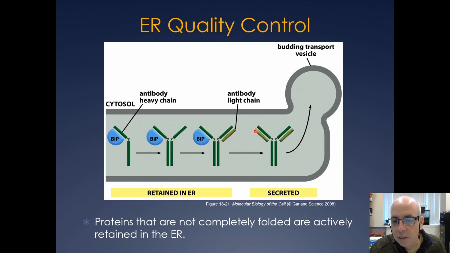And once the full antibody is made, it's released from BiP, and then it gets incorporated into a vesicle so that it can be secreted. Okay, and all secreted proteins for the most part follow this path where you fold in the ER, and once you're properly folded, you're released and selectively incorporated into a budding transport vesicle, while ER residents are actively retained. Okay.